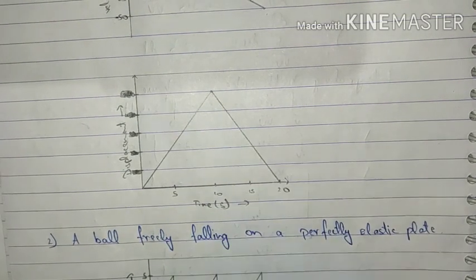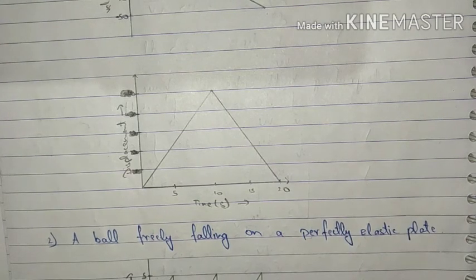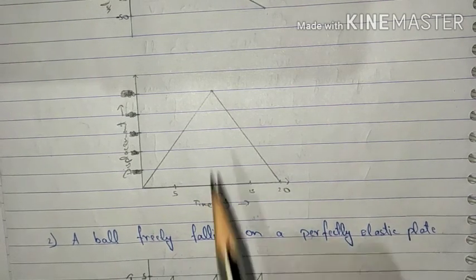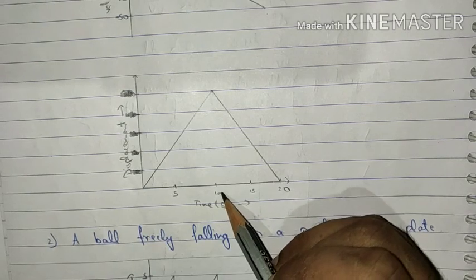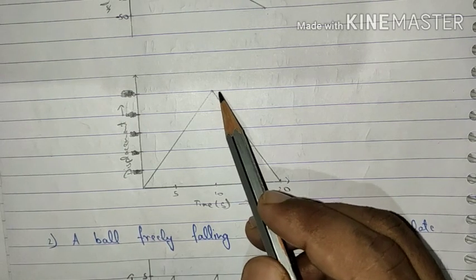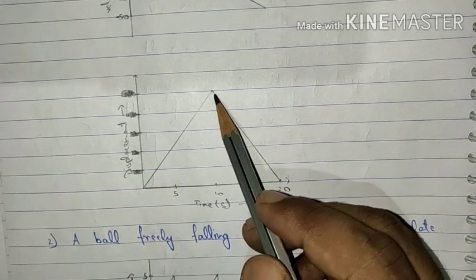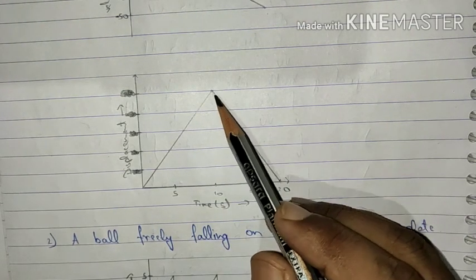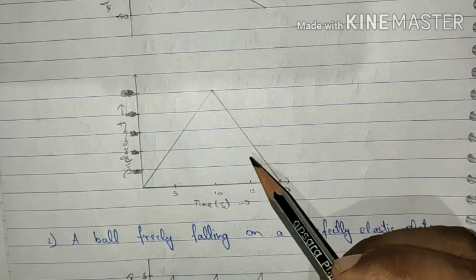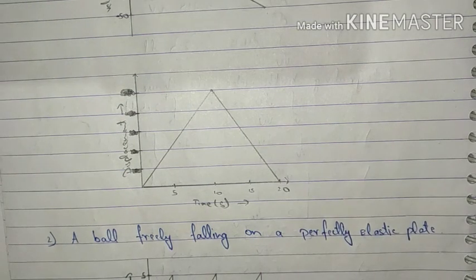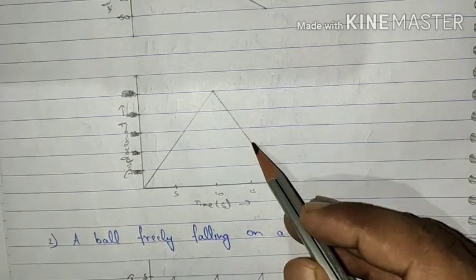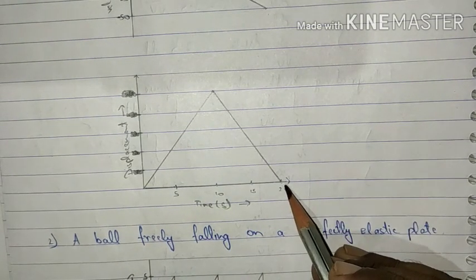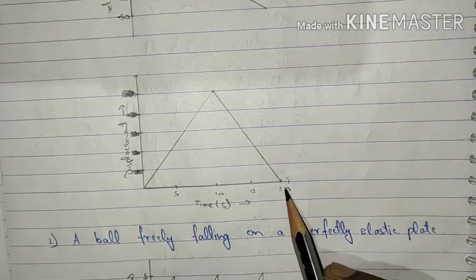The values corresponding to the displacement can be calculated from velocity time graph itself. However, you saw that at the 10th second the ball reached the maximum height, so the same thing we are observing over here also. After reaching the maximum height, the ball starts to fall down. That means again it is starting to move back towards the initial position, so the displacement will keep on decreasing, and when the ball reaches back the hand, ultimately the displacement becomes 0.